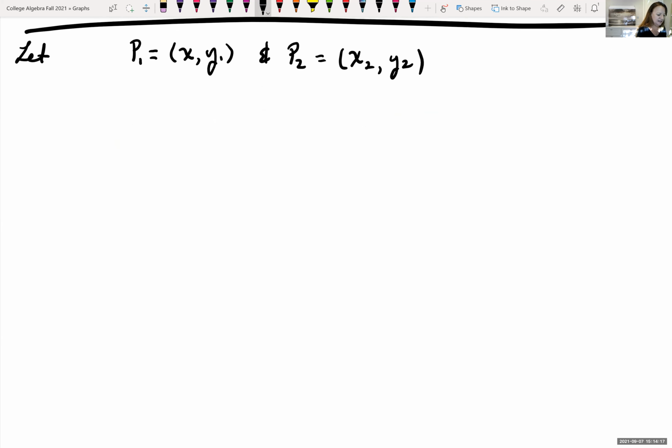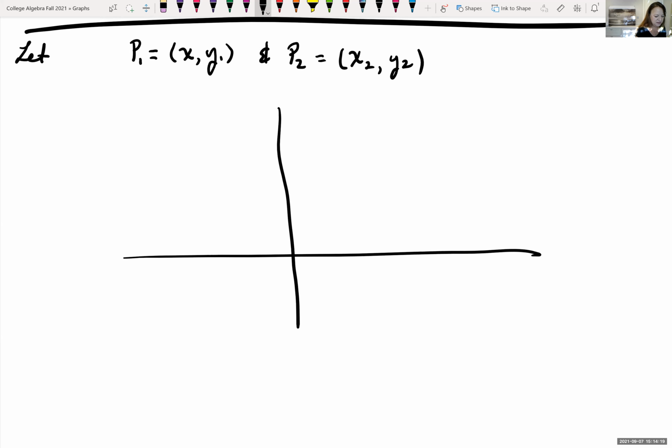Let's arbitrarily plot these points. I'm going to assume they're in the first quadrant, but they can be in any quadrant or even on the axes. So this point right here is (x sub 1, y sub 1), and this point up here is (x sub 2, y sub 2). We want to find the distance between these 2 points.